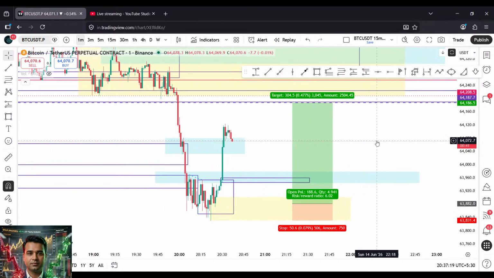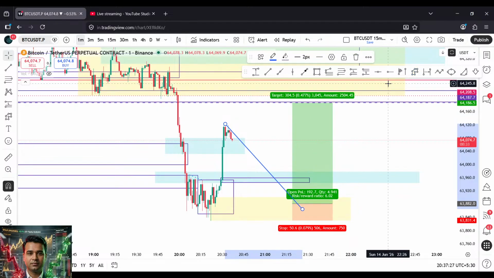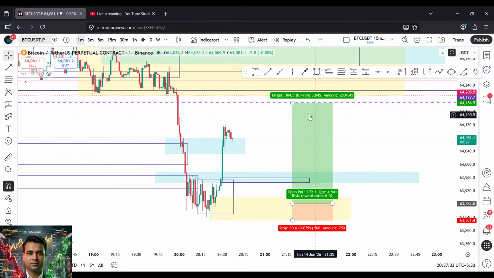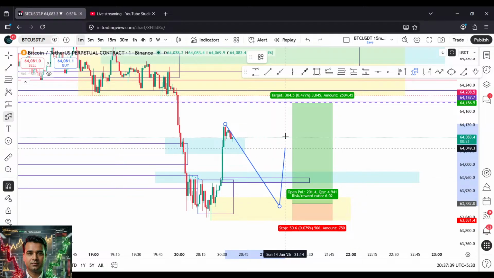So if price comes down, what we should do? We should look at the approach, how price is coming to this.